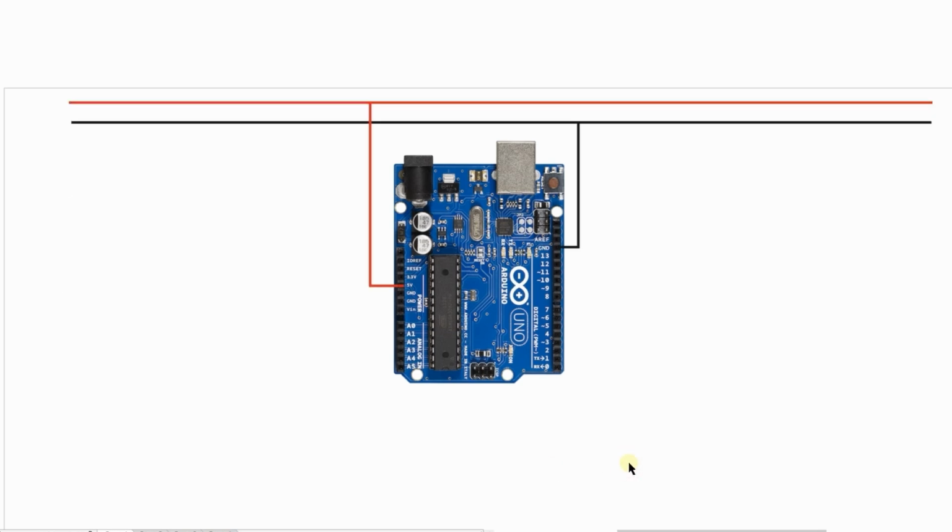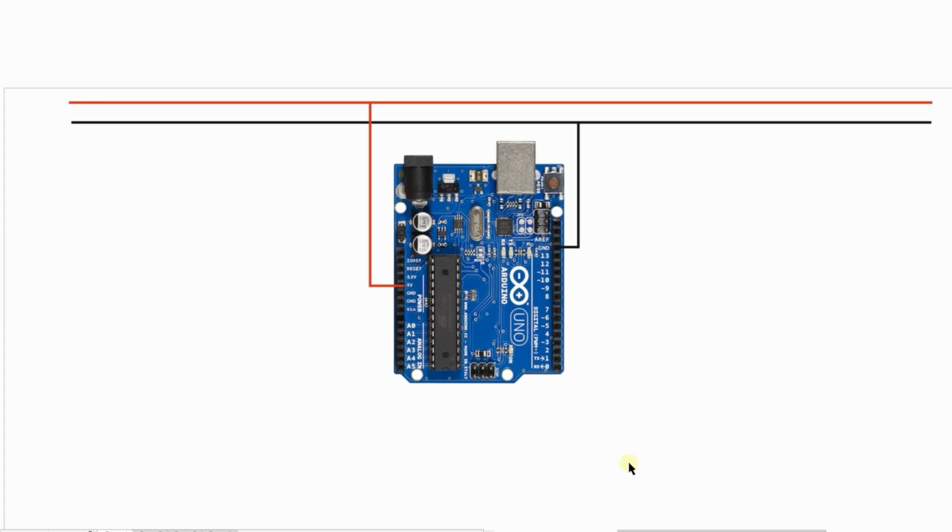The red rail on the top is the 5-volt common rail which I am going to utilize for powering the other components in the circuit, and the black rail on the top is the ground rail from Arduino. I am doing this because I am not going to use any external power supply for powering other components in the circuit. That is why I am making the 5-volt and ground from the Arduino Uno development board a common thing.